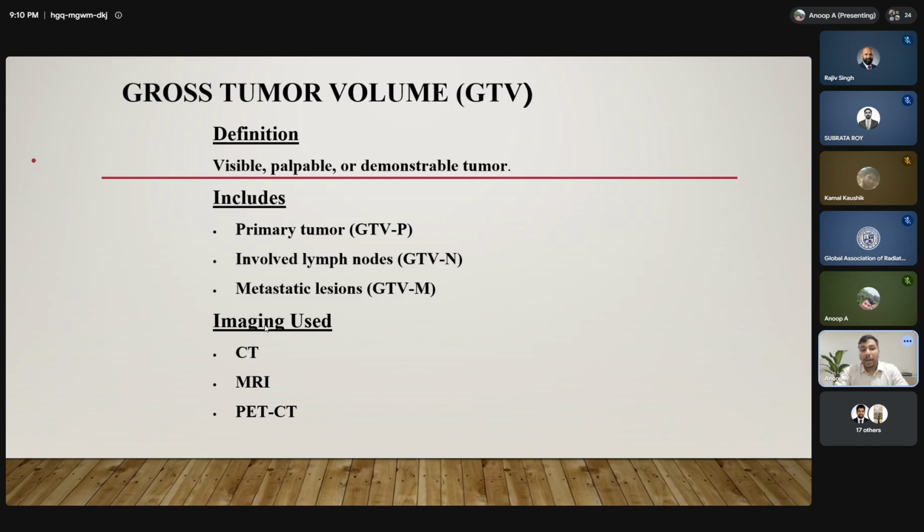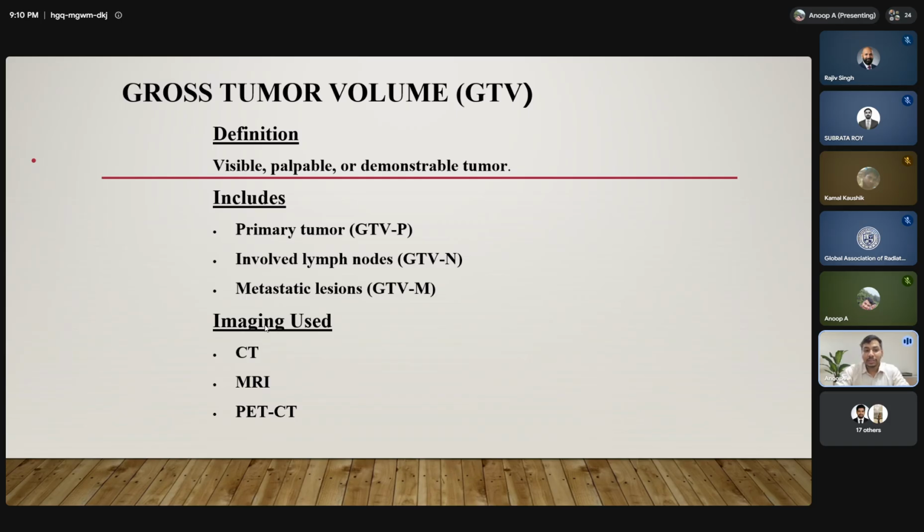It includes the primary tumor, GTVP, the main measurable mass of cancer tissue. Then involved lymph nodes, any regional lymph nodes that are visibly enlarged on a CT, MRI, or PET scan.